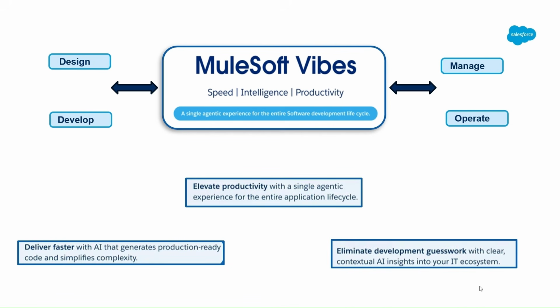MuleSoft Vibes will be able to generate the API layers, architecture recommendations like sync or async, RAML specs, sequence diagrams, payload models, etc. Okay, and then in the develop phase we can just build through conversations and not boilerplate. So developers move away from building manually to building by describing intent. So I can just say, create a mule flow that fetches the order details from SAP system and loads them to Salesforce.